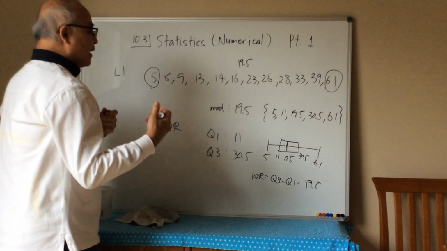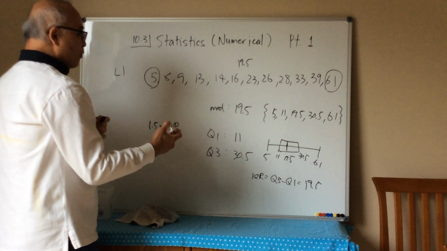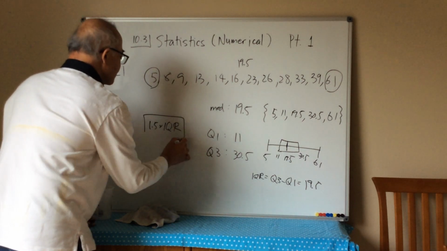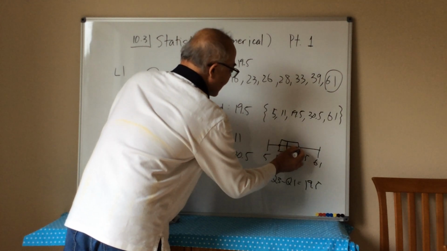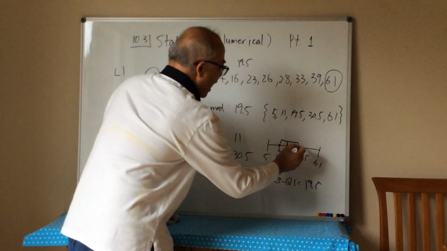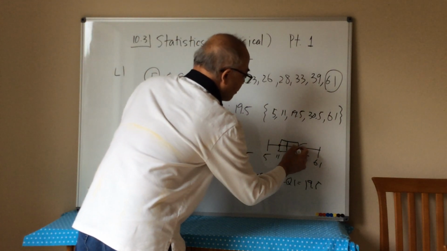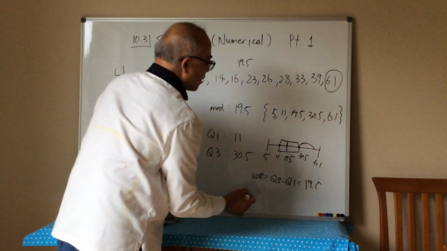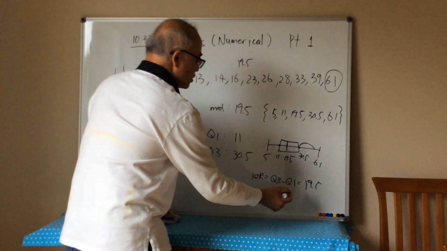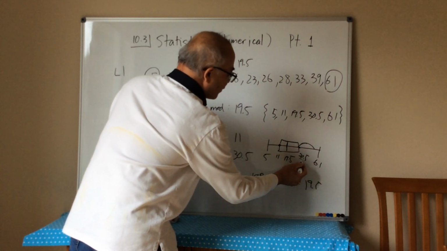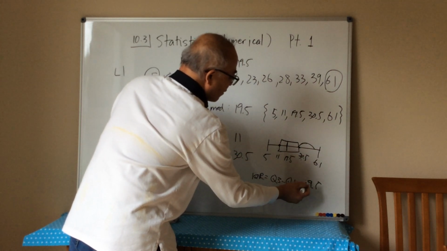So if your data point is outside of this from each end, this end and this end, in other words, if the high is 1.5 IQR over here, then it's considered an outlier. So if I add the 19.5 to here, what do I get? I get 50.